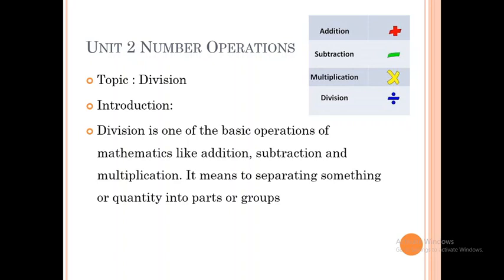Distribute them or share them, make the groups. That is called division, and the sign of division is like this, a small dash with a dot up and down. This is the symbol of division.